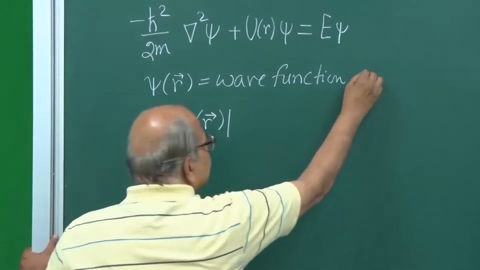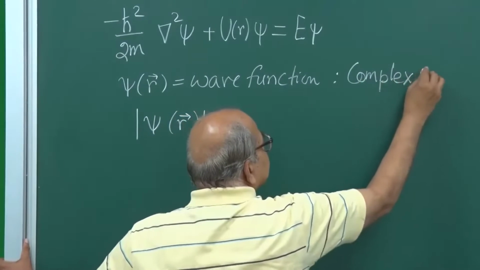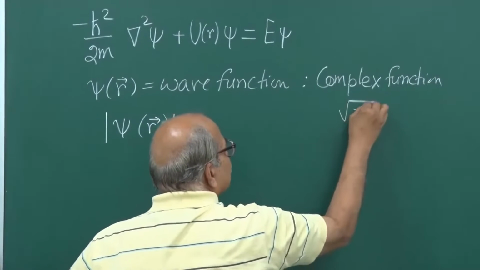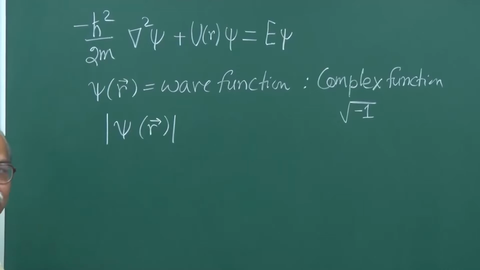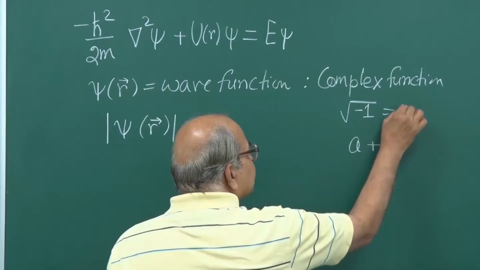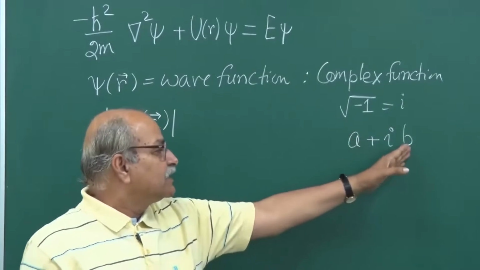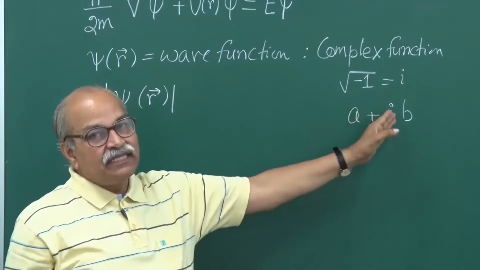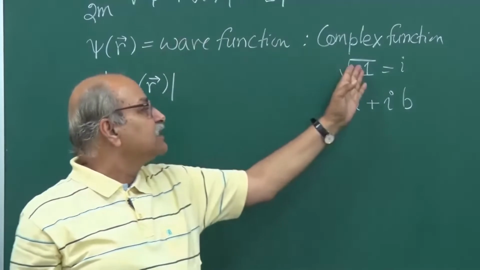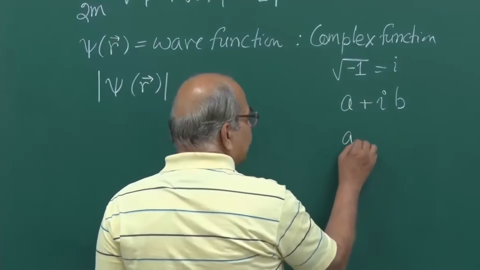This function can be a complex function. If it is a complex function involving the square root of minus 1, remember complex numbers, numbers like some real number plus i times another real number, A plus iB, where i is the square root of minus 1. These kinds of numbers are known as complex numbers. So this function can have this i in it, and then you write the complex conjugate A minus iB.